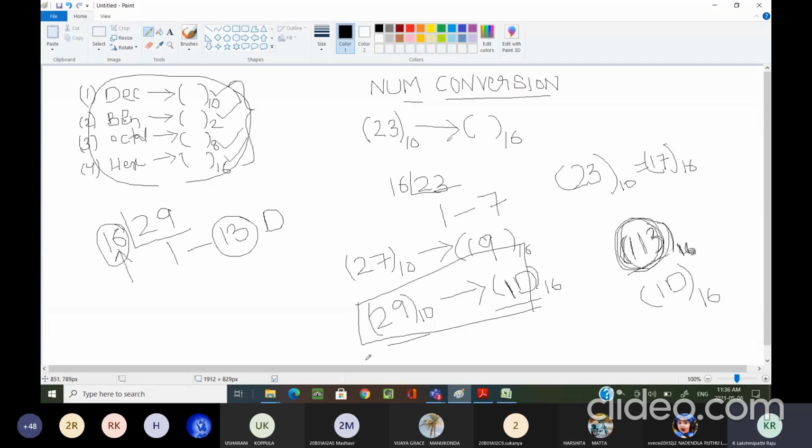Because if the remainder is 10, you should write it as A. If you get remainder 11, write it as B. If 12, write it as C. If 13, write it as D.